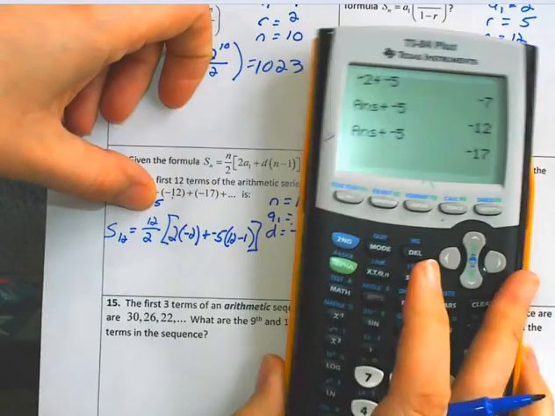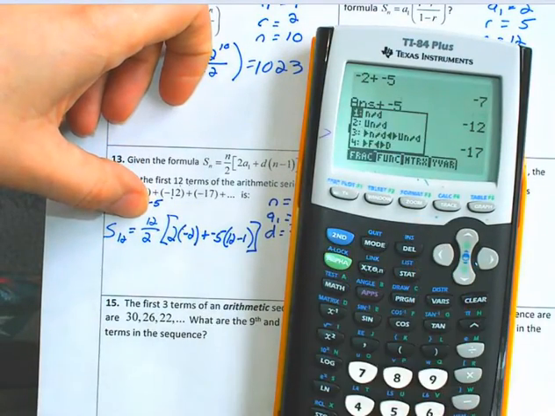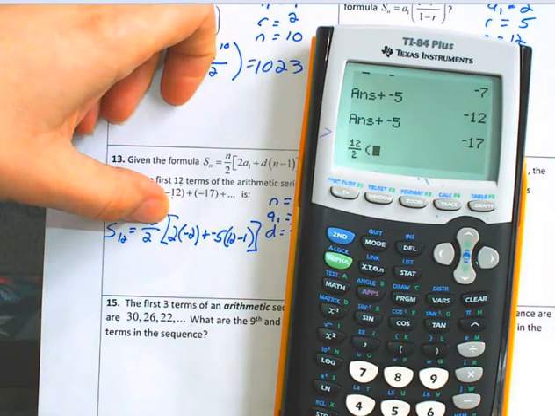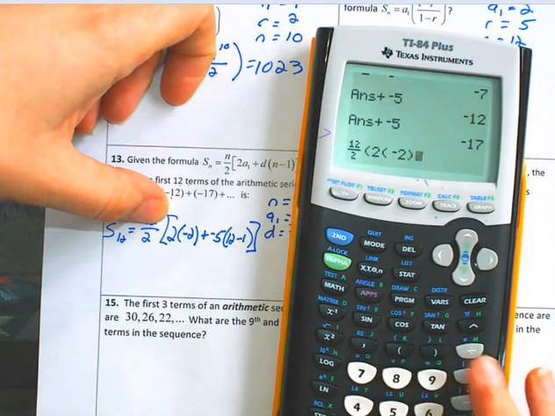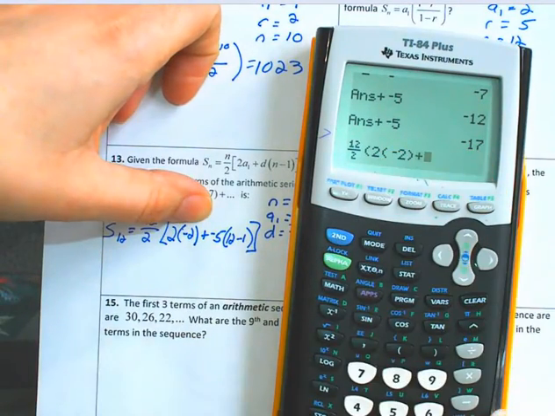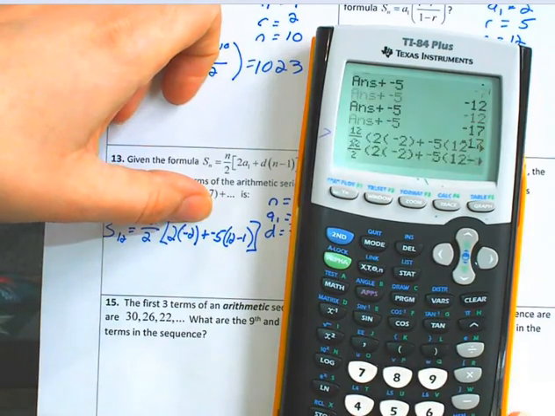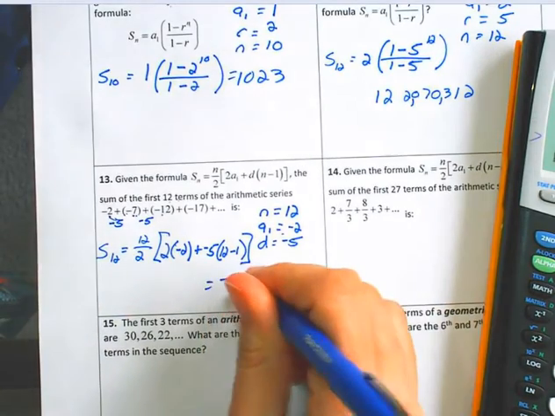I'm going to put that whole thing into the calculator: 12 over 2 times 2 times negative 2. Careful, make sure you put negative, not minus. Plus negative 5 times 12 minus 1. And remember to close your parentheses again at the end. That's going to give me negative 354.